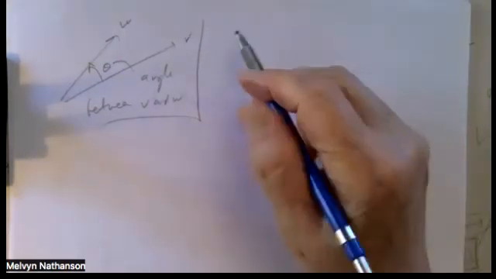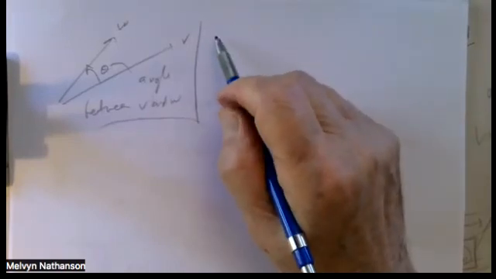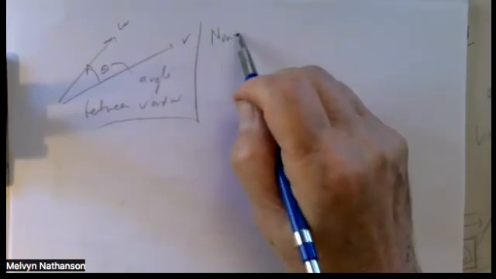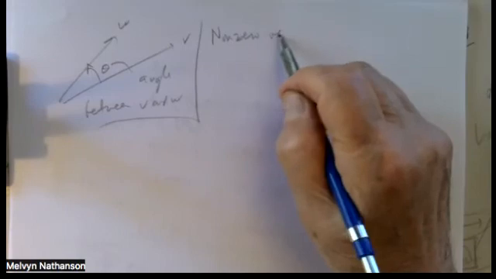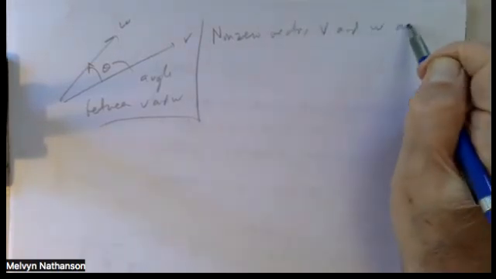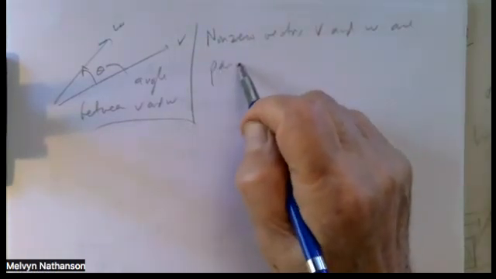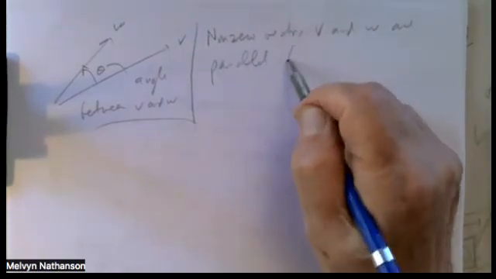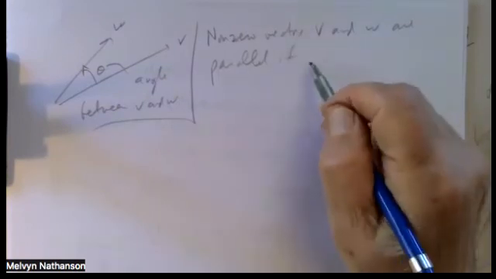So first, let me define parallel. Suppose I have two non-zero vectors. Non-zero vectors v and w are called parallel if one is a scalar multiple of the other: w is c times v for some scalar c.